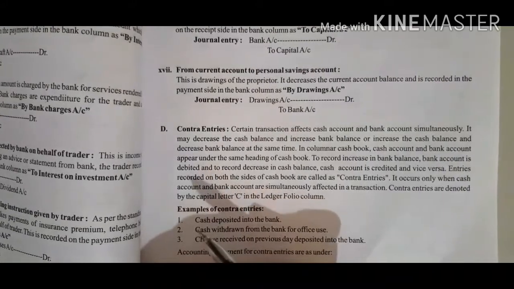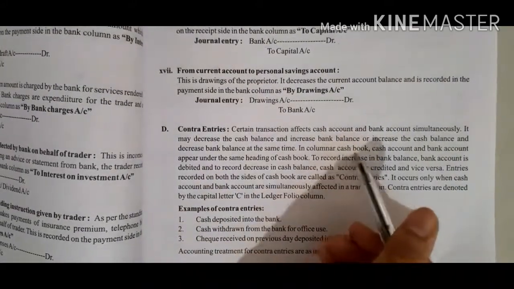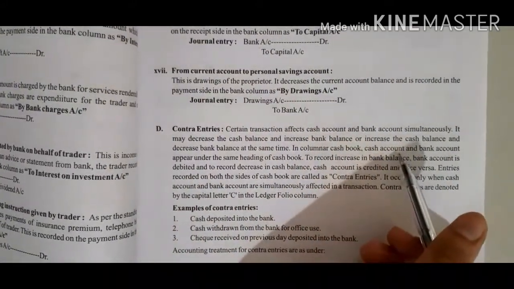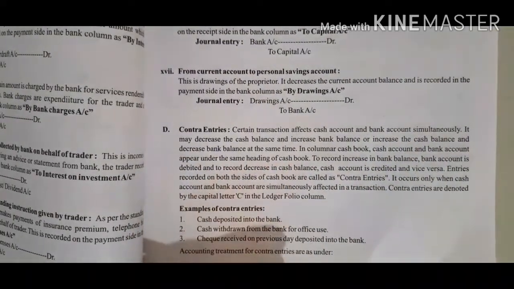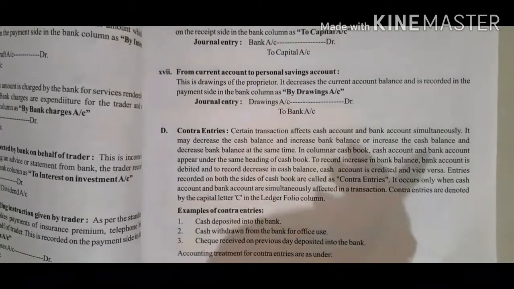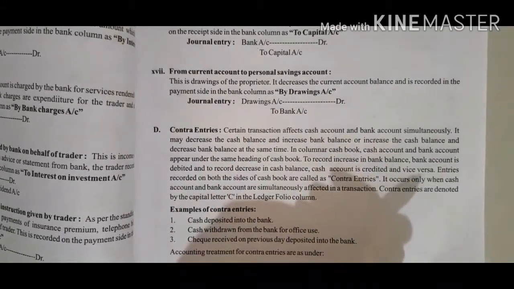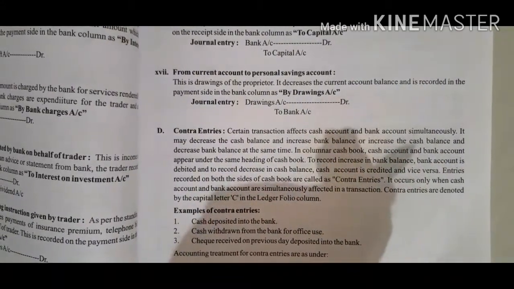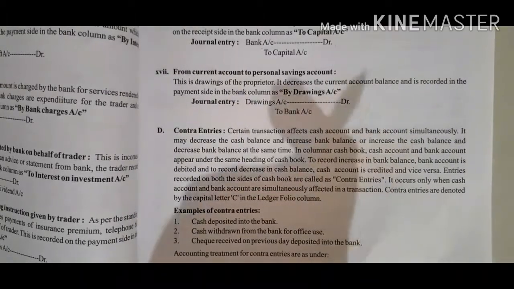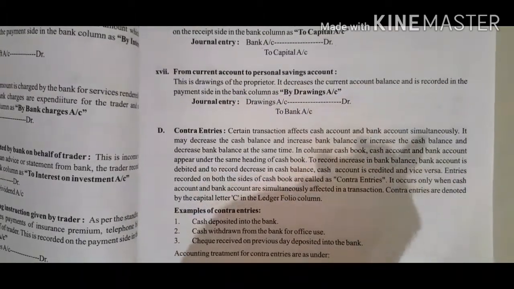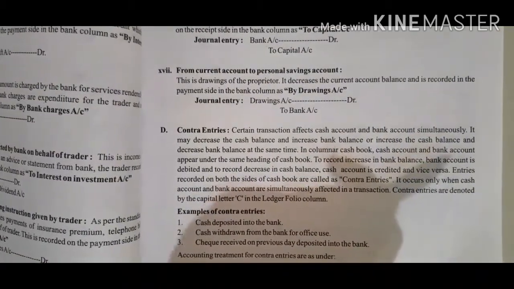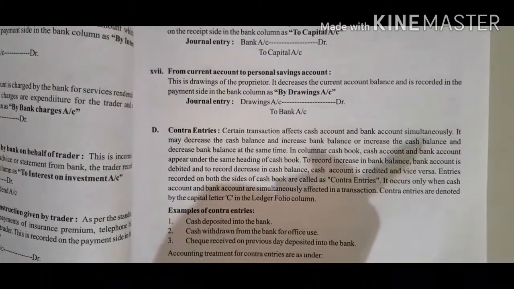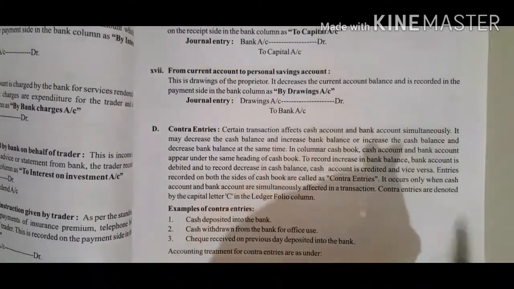In columnar cash book, cash account and bank account appear under the same heading of cash book. Now in here, cash and bank column. Now this is a cash book with cash and bank column, that is, a 2-column cash book. So this bank and cash column both appear under the same heading, that is, under the same book, that is the cash book.